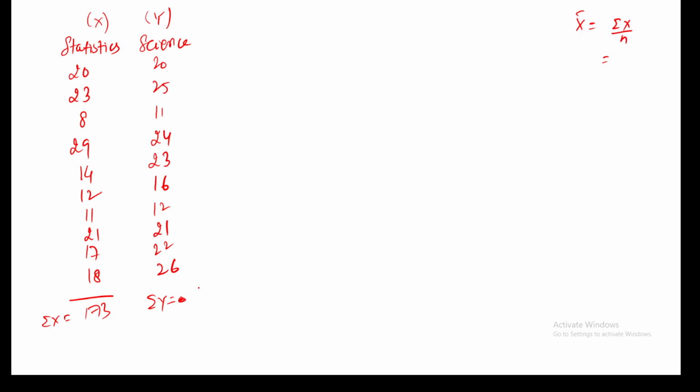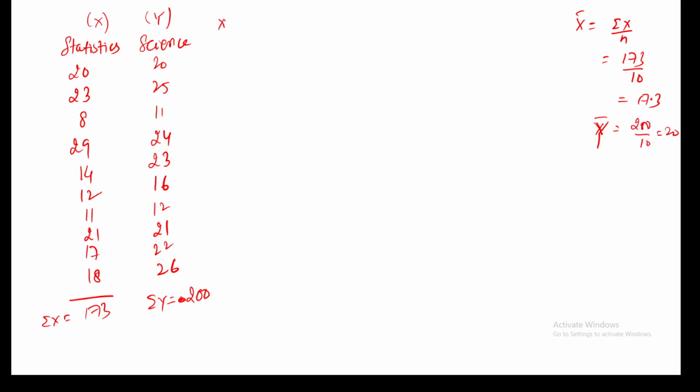Sigma y will become 20, 45, 56, 80, 103, 109, 131, 143, 165, plus 26 gives 200. So 173 by 10 is 17.3, and y bar is 200 by 10, equal to 20.